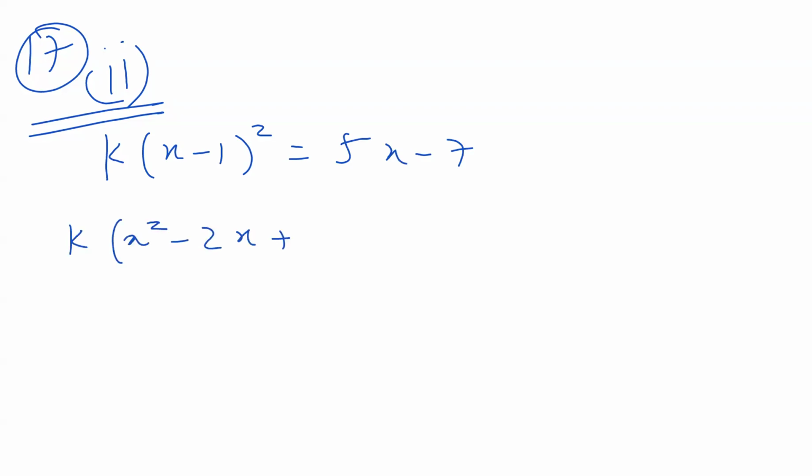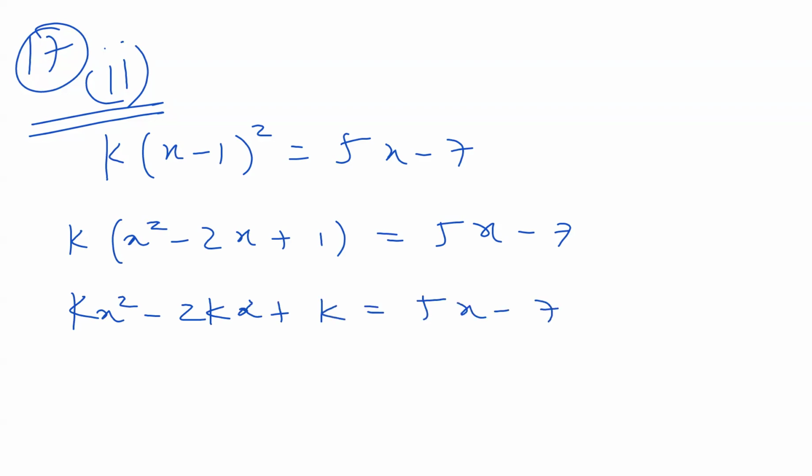First, I will write down this equation. K into (x minus 1) the whole square is equal to (5x minus 7) x square minus 2x plus 1. So kx square minus 2kx. I'm just simplifying the equation.